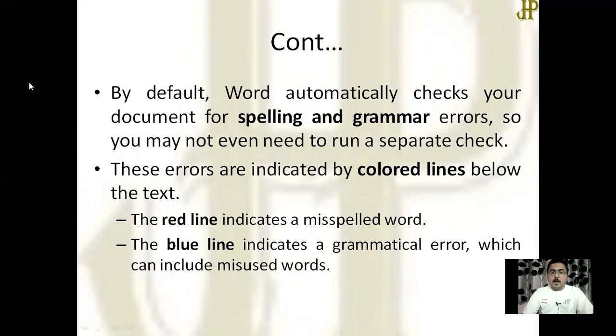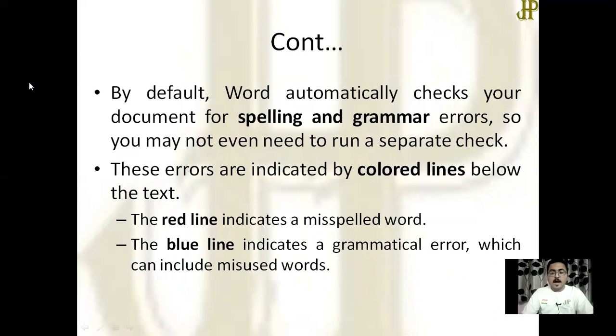However, by default, Word automatically checks your document for spelling and grammar errors. So you may not even need to run a separate check. How is it possible? Because of the colored line below the text.